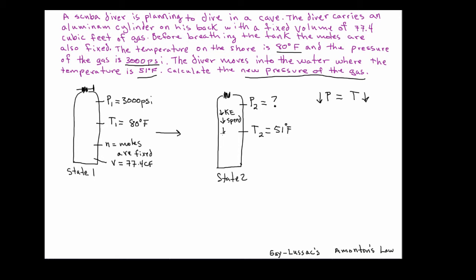And when the average speed of the particles goes down, the average number of collisions with the sidewall of the tank is going to decrease, which means that your pressure is going to be decreased inside here because the collisions that are happening on the inside of the tank are exerting a force on the inside of the tank. And the exertion of force is what causes the origin of pressure, right?